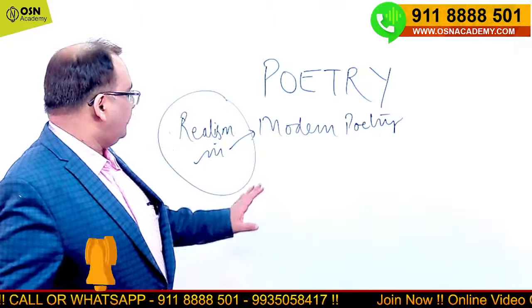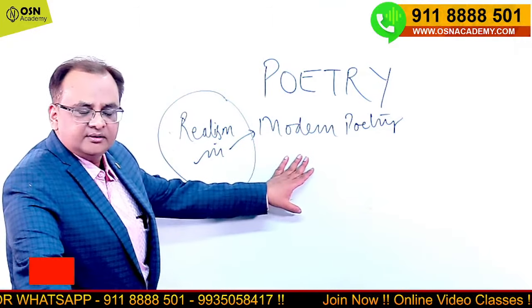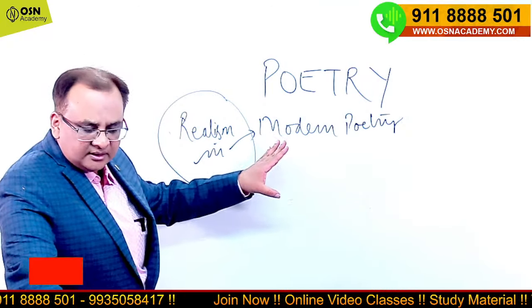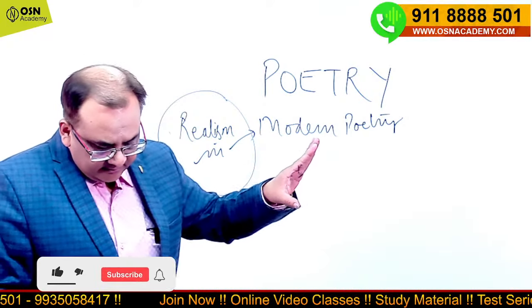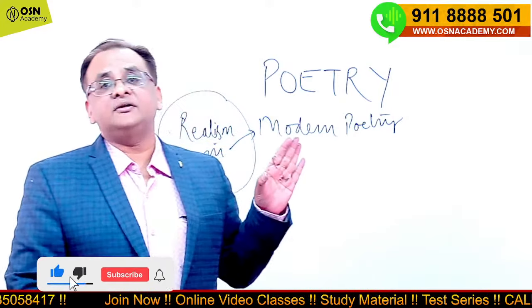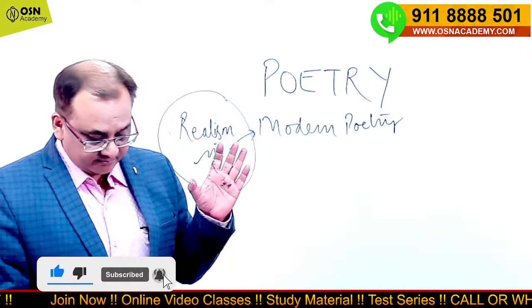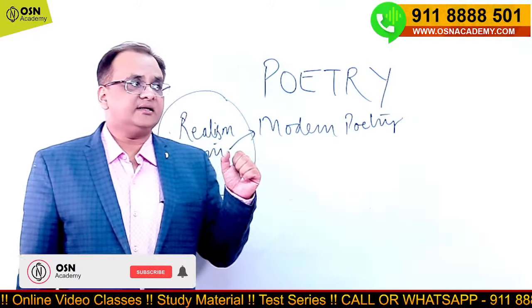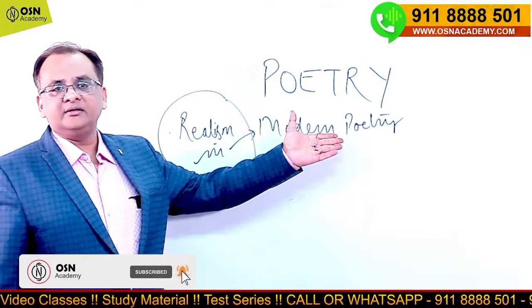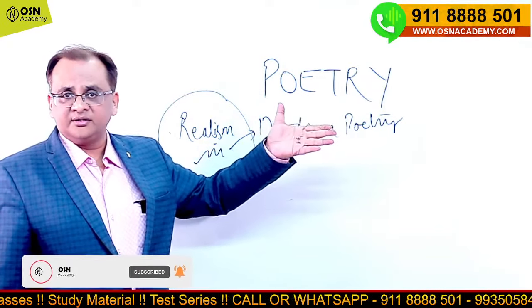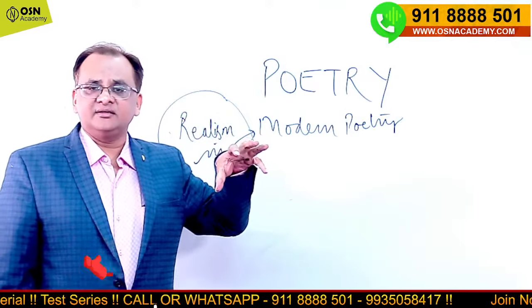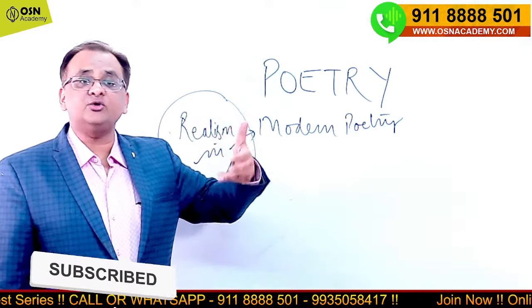See, if I talk about realism in modern poetry, then the poetry of the 20th century is marked with a note of realism. Fine. And realism in modern poetry was the product of a reaction against the pseudo-romanticism.